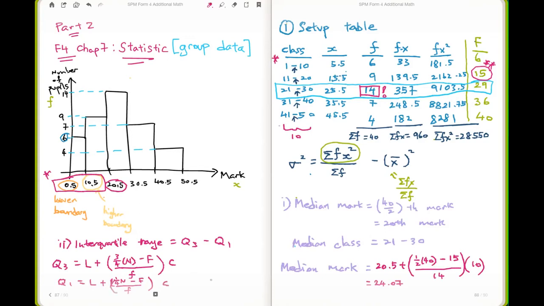You will get the interquartile range. It's quite long-winded, but these are the kind of bonus questions.